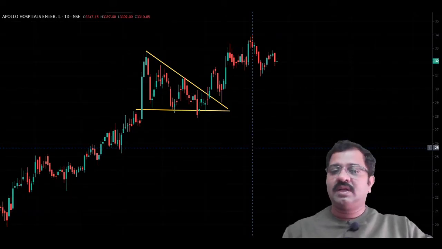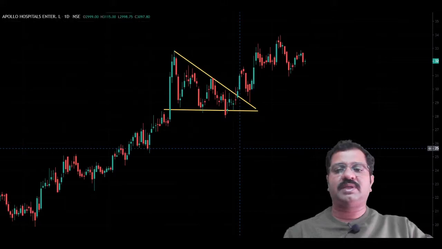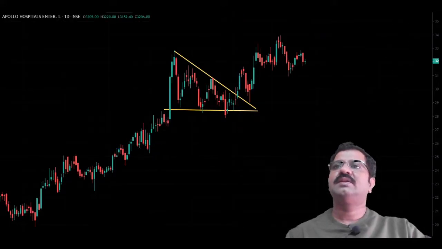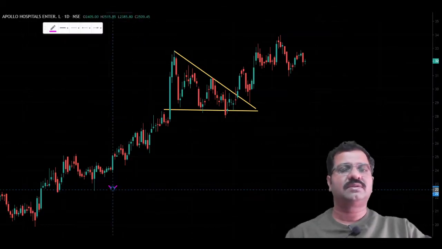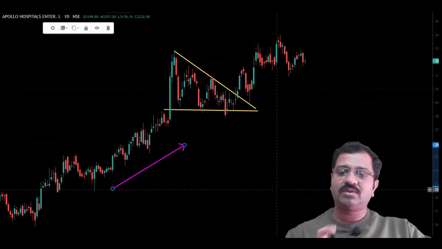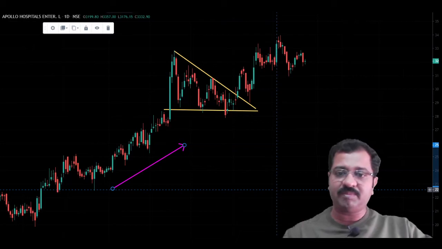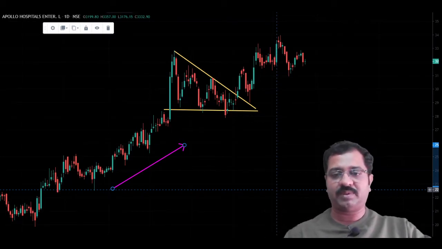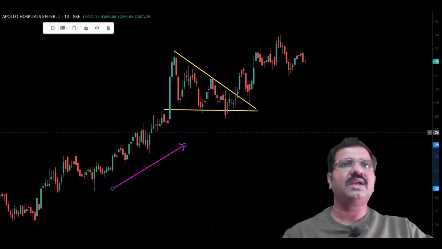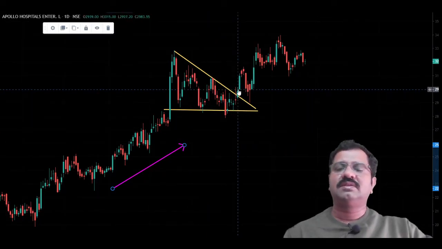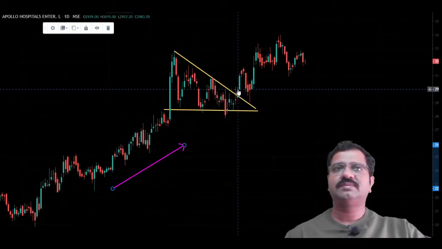Now when a descending triangle is forming and the trend is uptrend, where is the trend going? Uptrend. And you have to see the trend in the same time frame, not a higher or lower time frame. This is a daily chart, so you have to find the trend in the daily time frame. Trend is uptrend. Then how do you trade?